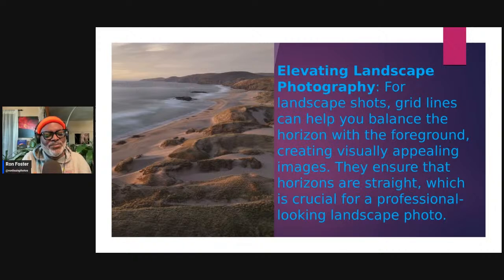Now, there's all kinds of ways of working your composition. We're not going to talk about that right now, because we could use these grid lines for composition and how to move this and have it like you see here in this picture. You see that the horizon is on the top quadrant, right? A good tip when you're doing landscape photography is to bring your horizon all the way to the top quadrant, or bring it all the way down to the lower quadrant.